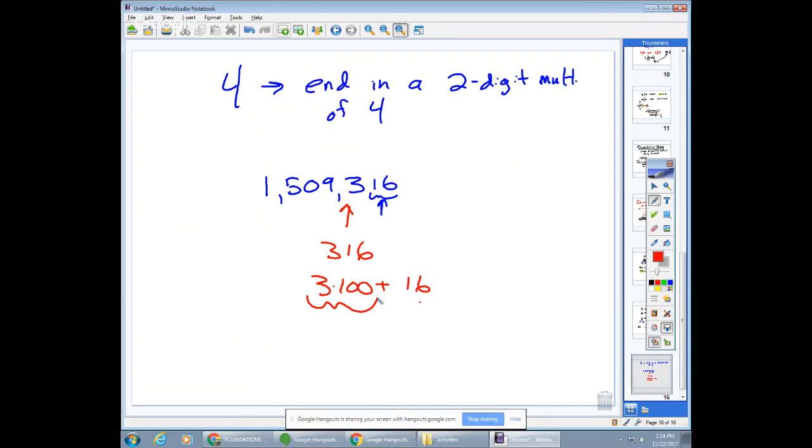Now, if 4 goes into 100, 4 is going to go into 10 times 100, which is 1,000, or 10 times 1,000, which is 10,000, or 10 times that, which is 100,000, and so on. So 4 is going to go into 9,000, 4 is going to go into 500,000, and 4 is going to go into 1,000,000 because all of those are multiples of 100, and I know 4 goes into that.